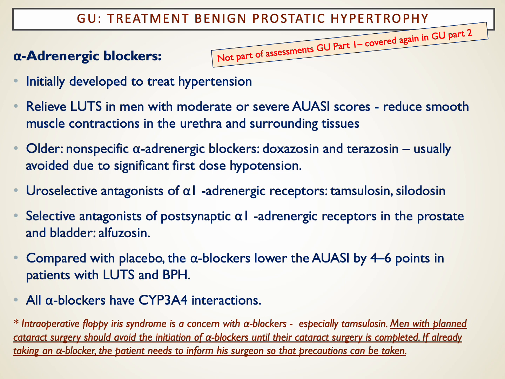You also want to look at before and after scores. You'd expect that their score is going to go down by 4 to 6 points if it's effective. And if it hasn't, then you have to reevaluate. Does it make sense? You also have to worry about cytochrome P450-3A4 interactions with these. And there has historically been a concern for intraoperative floppy iris syndrome with alpha blockers.